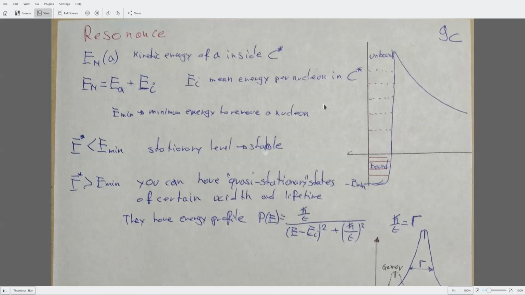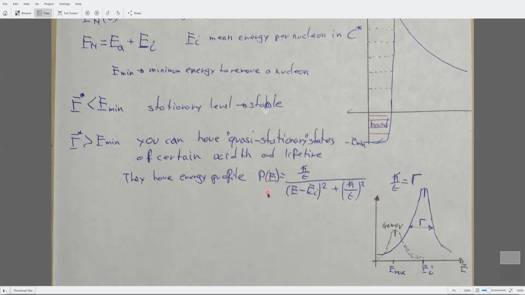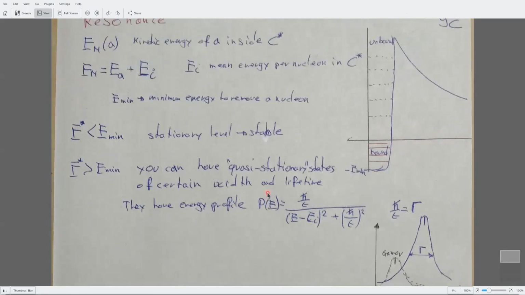Similar is the nucleus. Here you have the potential, and inside you have the minimum, the bottom.